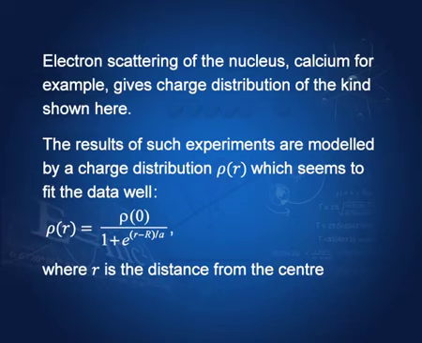Electron scattering off a nucleus, calcium for example, gives a charge distribution of the kind shown here. This distribution is modeled by the equation rho(r) = rho_0 / (1 + e^((r - R)/a)), where r is the distance from the center and capital R is the radius of the nucleus.